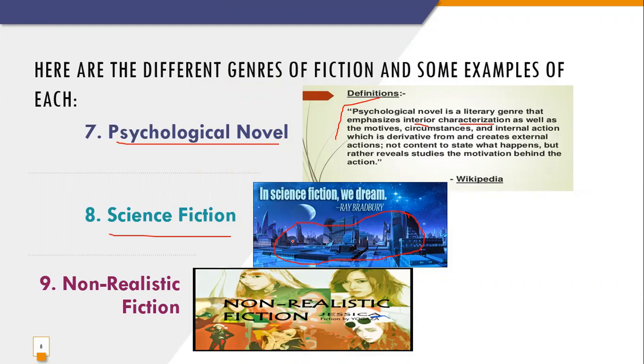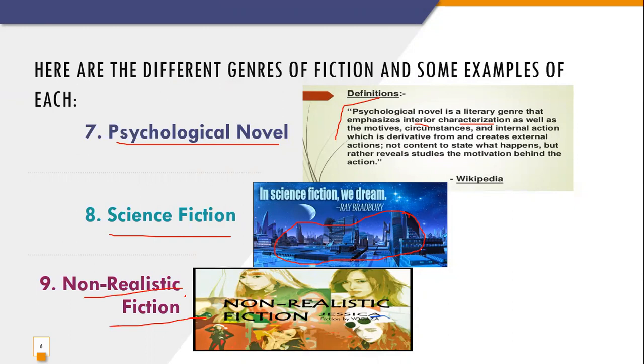We also have the non-realistic fiction. If we have realistic, guys, we also have non-realistic. It's very impossible that it will happen in real life, or maybe it is in another world. Non-realistic fiction involves events that cannot happen in real life.